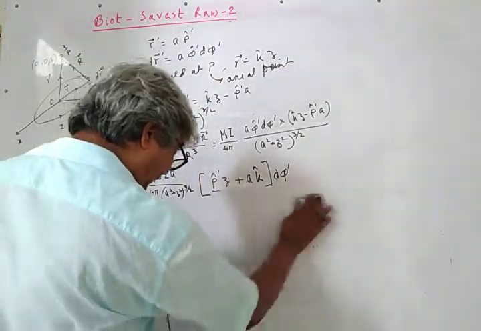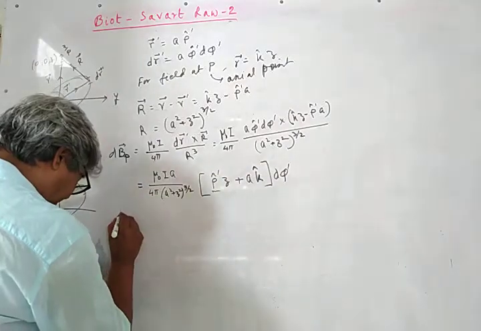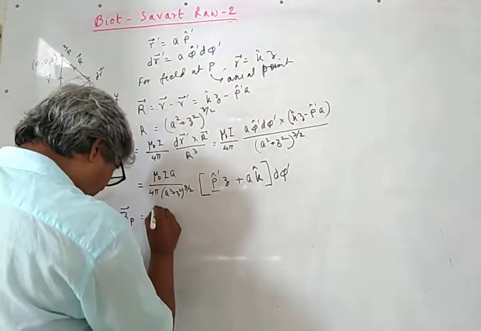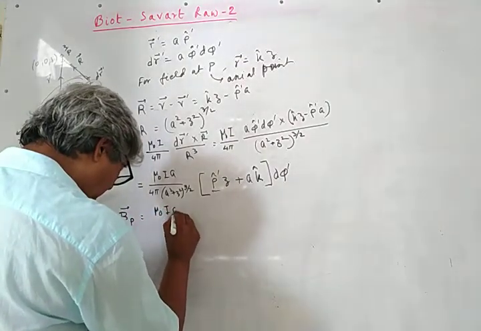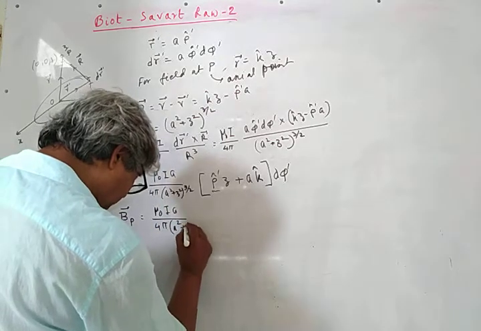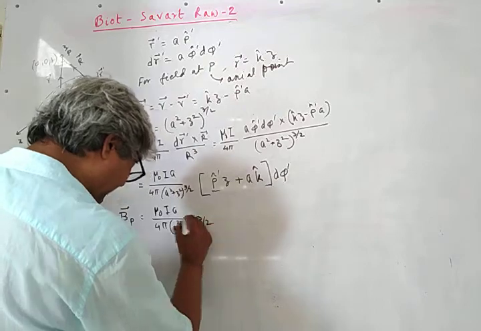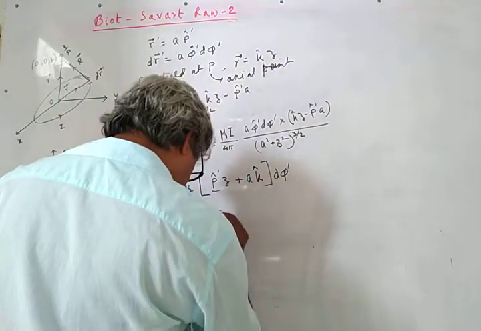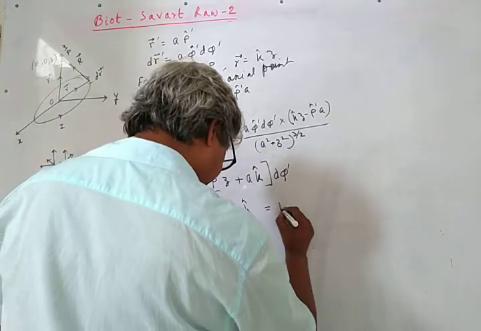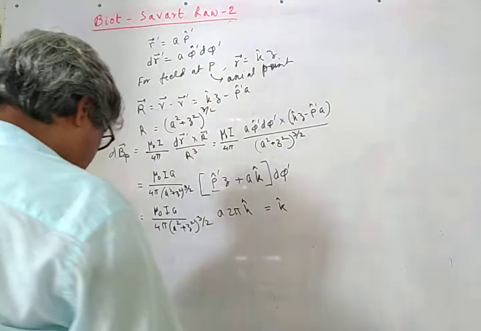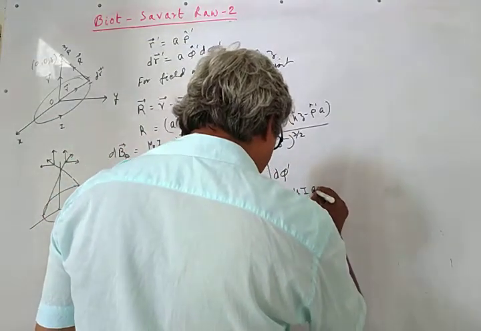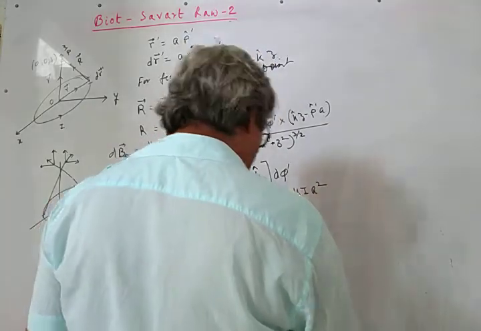So the total field at point P is mu 0 I a upon 4 pi (a square plus z square) to the power 3 by 2, times 2 pi a k cap. On simplification the field becomes k cap mu 0 I a square.